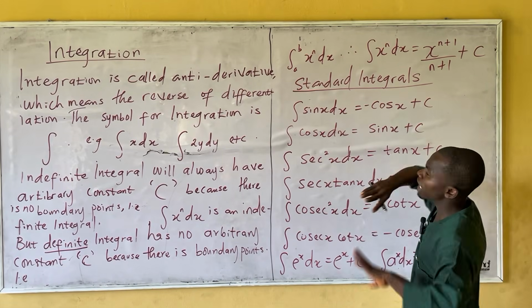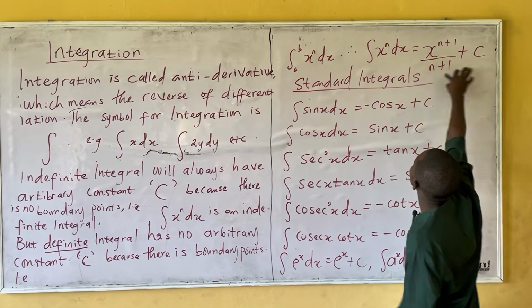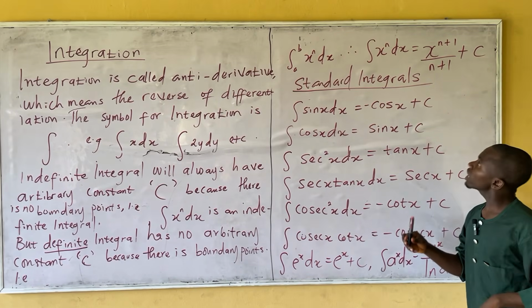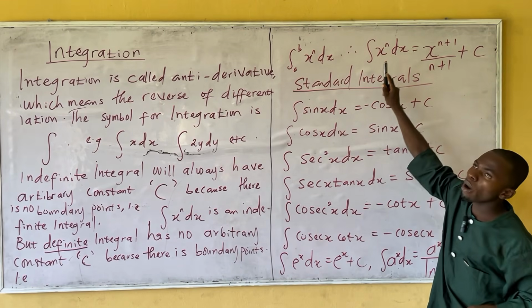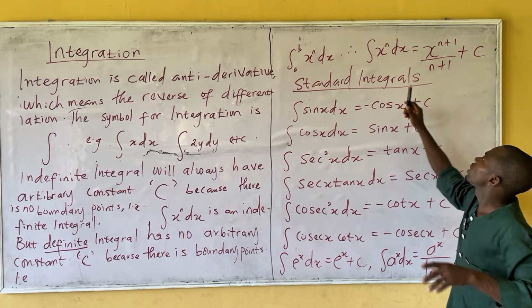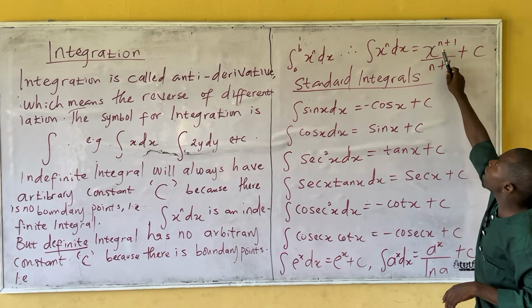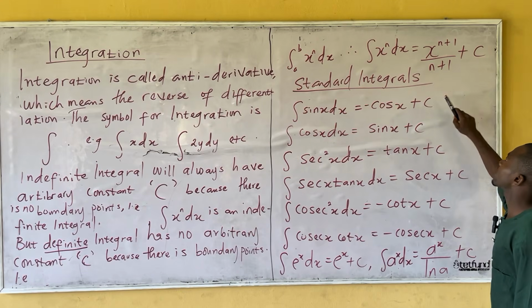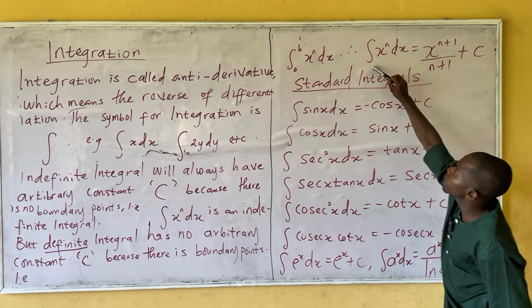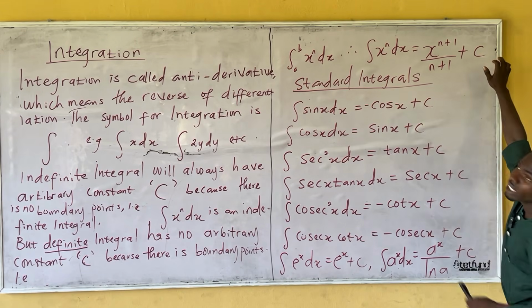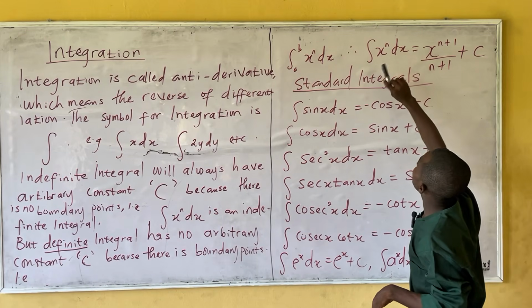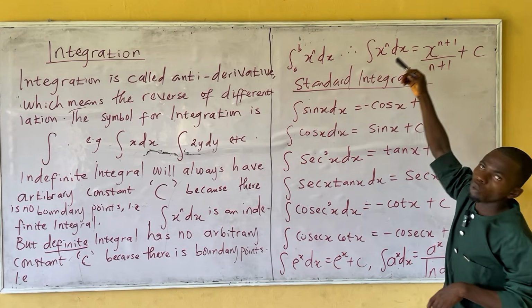So therefore, we can now generalize. This is the general formula for integration: the integral of x raised to the power of n dx equals x raised to the power of n plus 1 over n plus 1, then plus C, because there is no boundary point. Please note, for integration, we are adding 1 to the power.